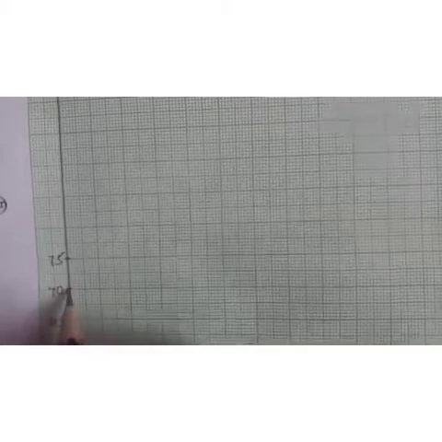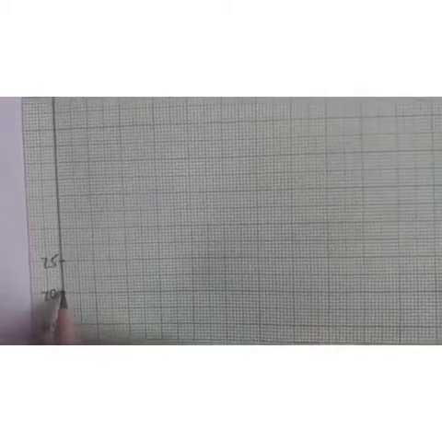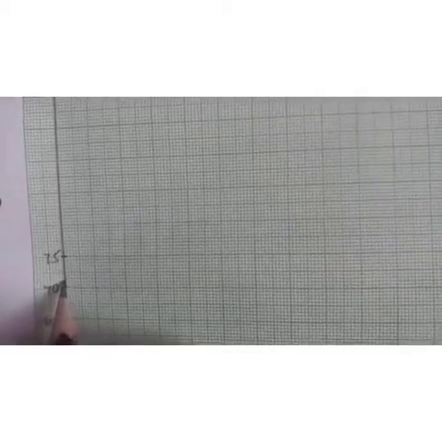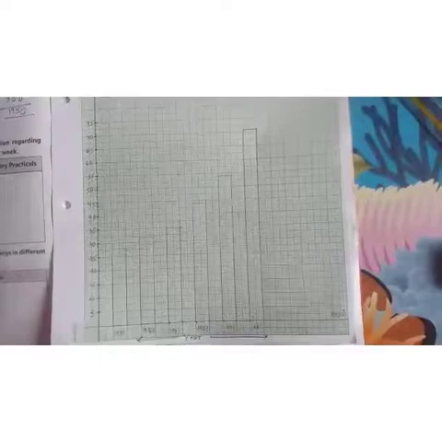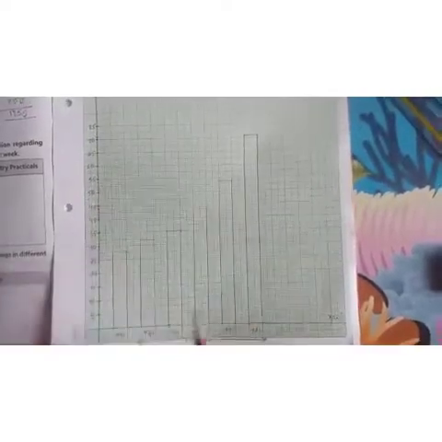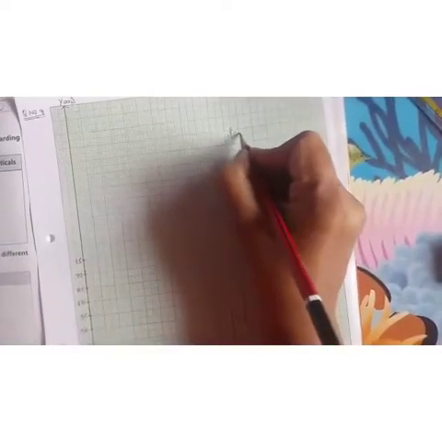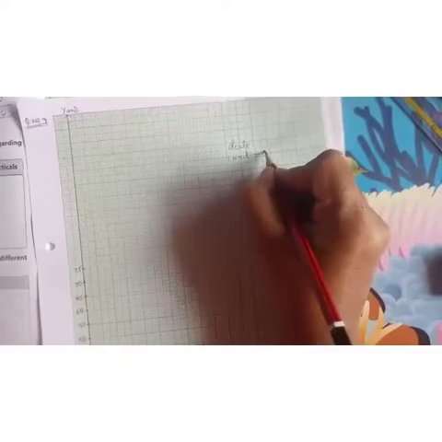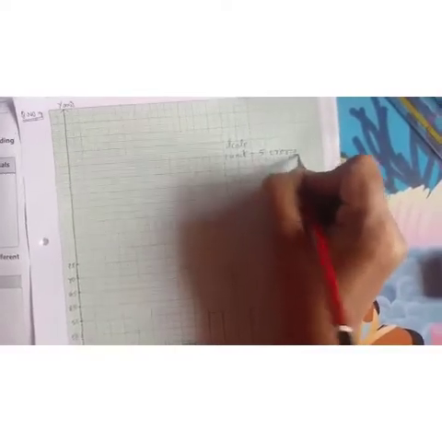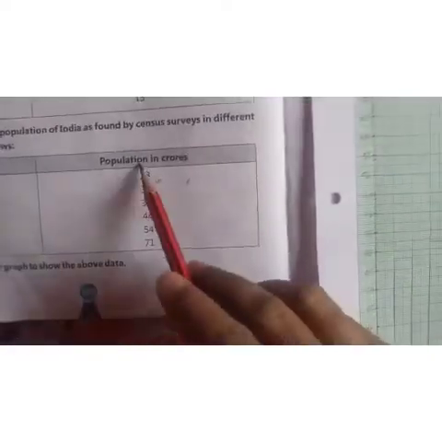Here we have 70. After 2 lines we have 71 here. So plot the bar. So children, this is how we are going to plot the bar graph for irregular numbers, and the scale taken is 1 unit equals 5 crores, because we are taking the population here, that is 5 crores.